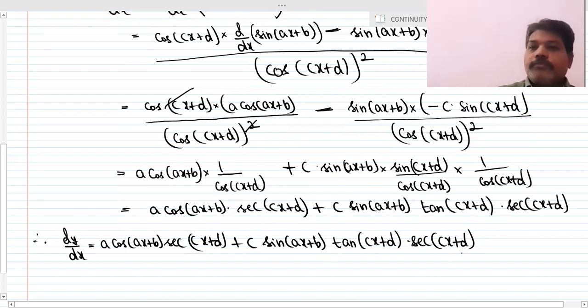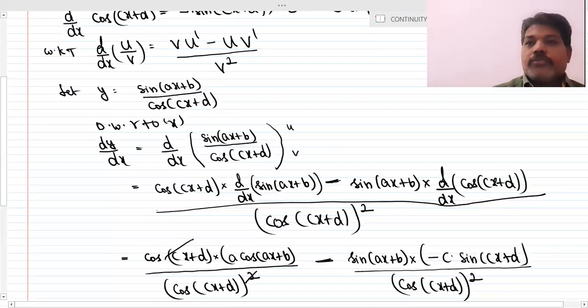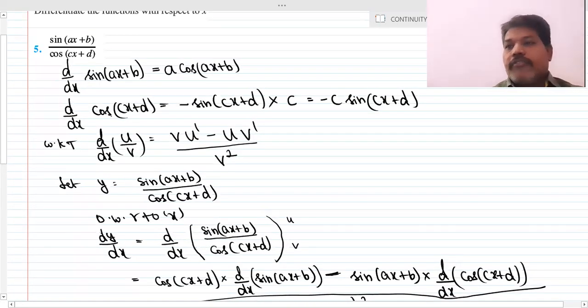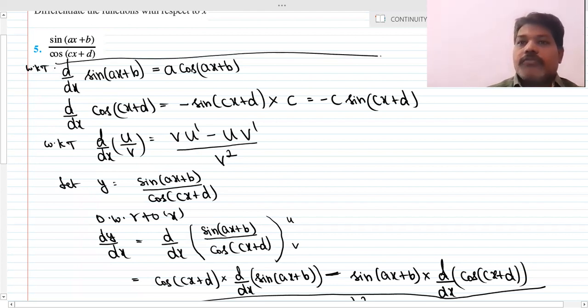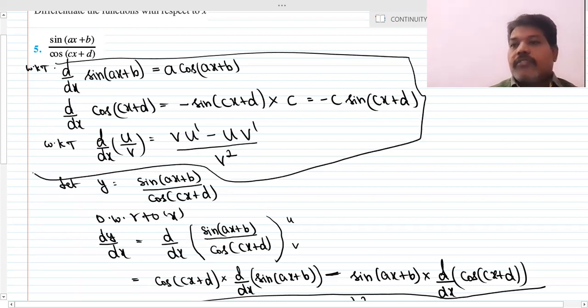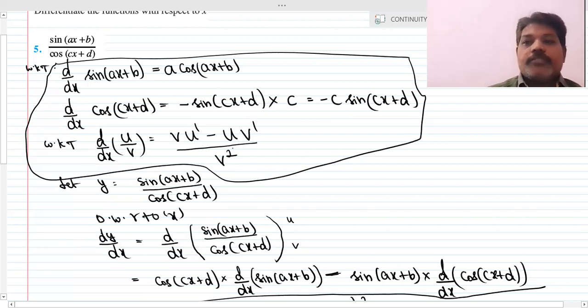So see that question, students, and practice this question. Here we used three formulas: the derivative of sine of ax plus b is a into cos of ax plus b, the derivative of cos of cx plus d is minus c into sine of cx plus d, and the derivative of u by v is v into u dash minus u into v dash by v square.